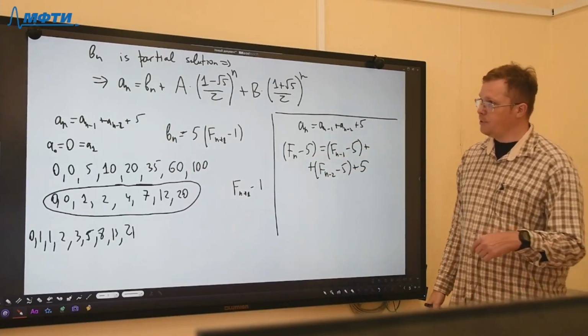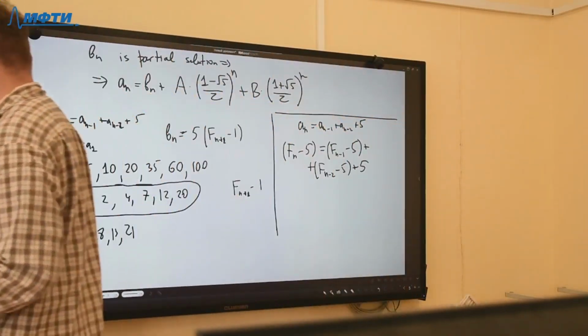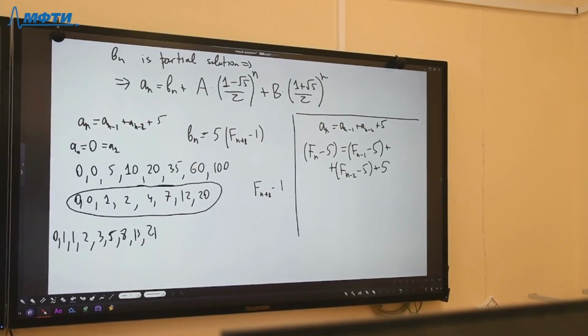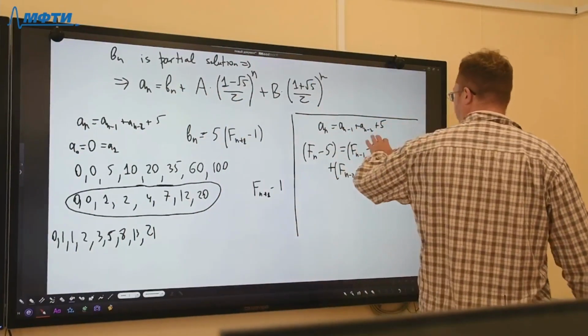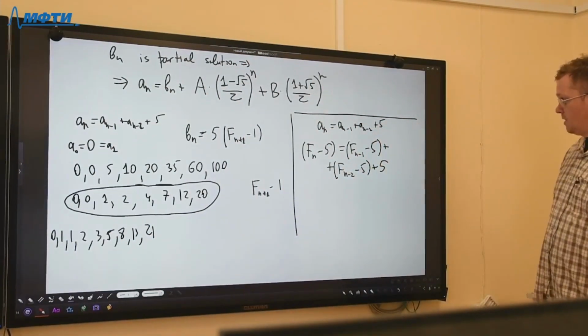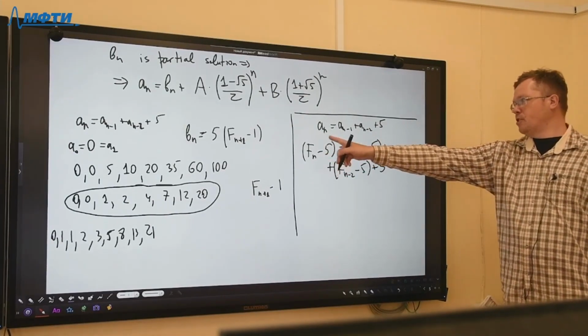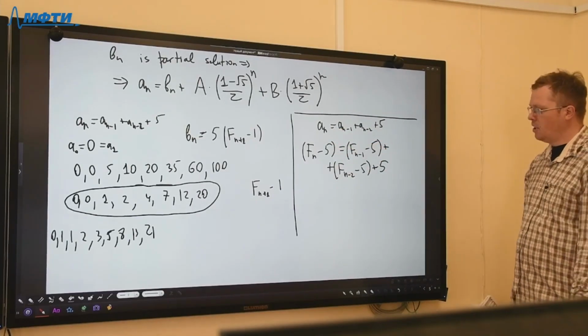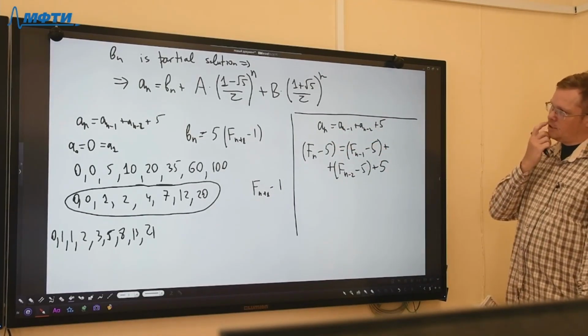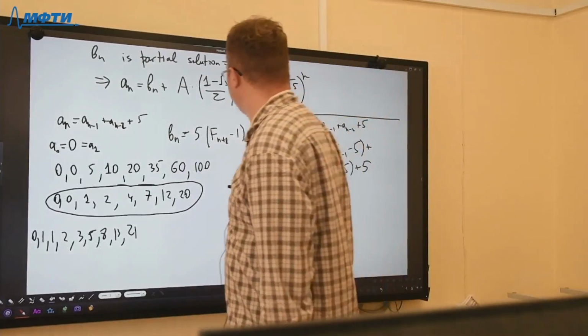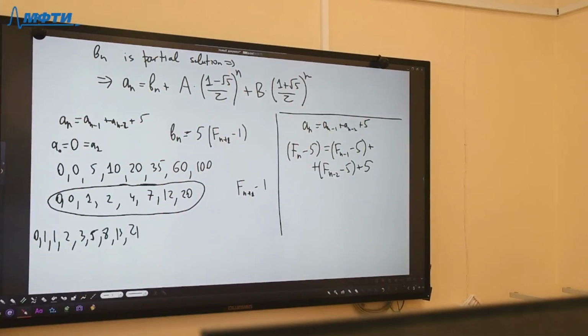So if we have just a constant here, then we can find a partial solution in terms of the partial solution of the homogeneous linear equation, and then add it, and we can describe any solution in terms of this one.